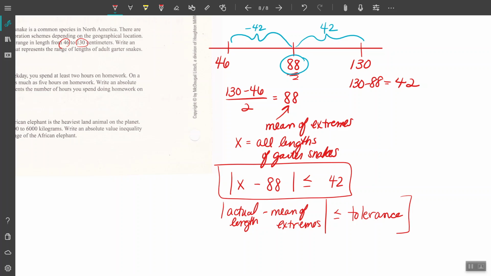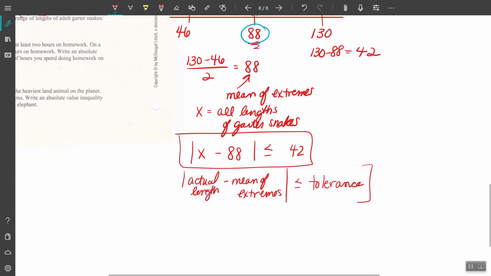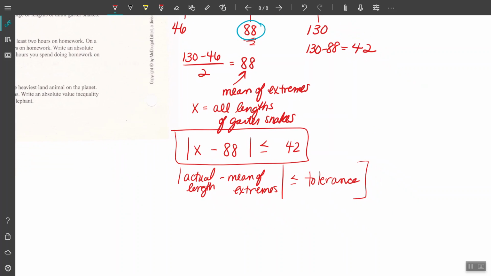This is the answer in the box, but if we were just to take it a step further and go ahead and solve for x, then you would drop the absolute value signs, acknowledging what they mean, which is those two inequalities. If I solve for this one, I get x is less than or equal to 130.